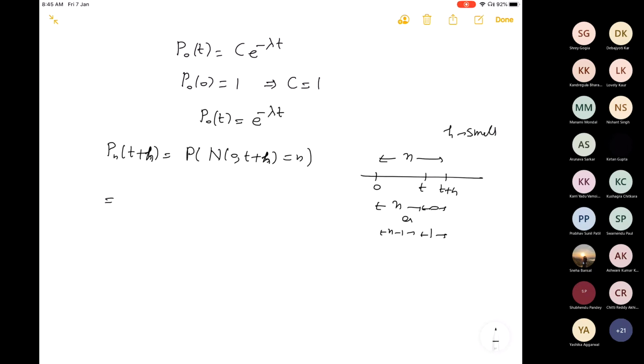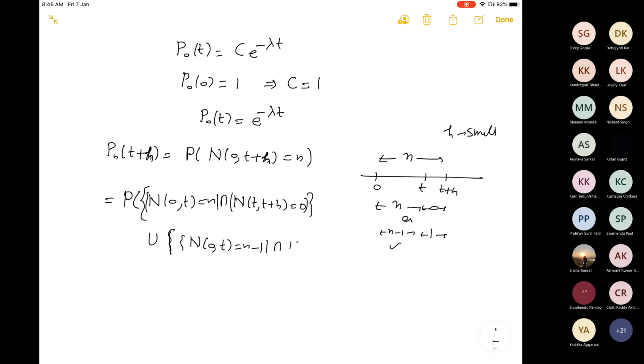So therefore this will be the probability that N(0 to t) is equal to n, intersection N(t to t plus h) is equal to 0, or N(0 to t) is n minus 1, intersection N(t to t plus h) is equal to 1.